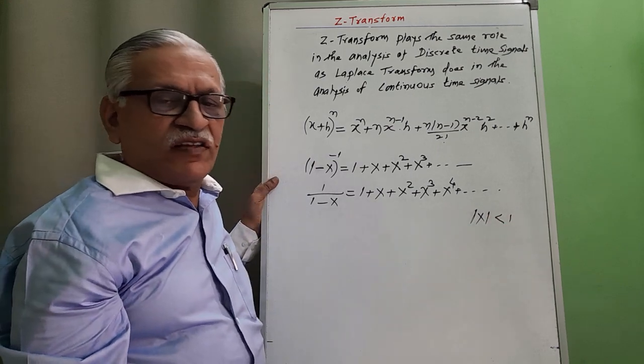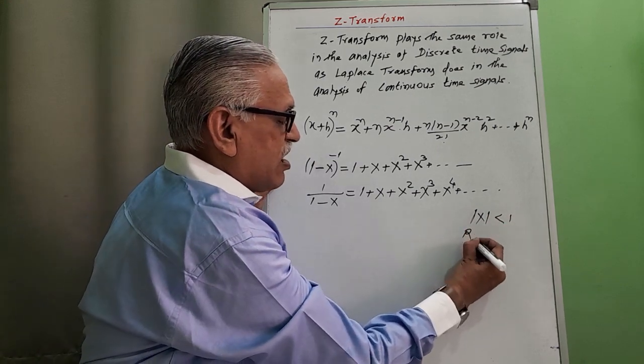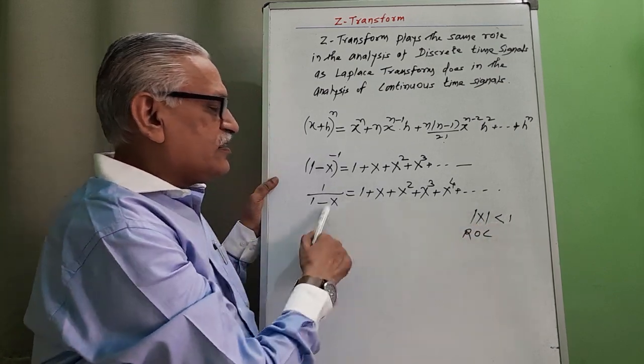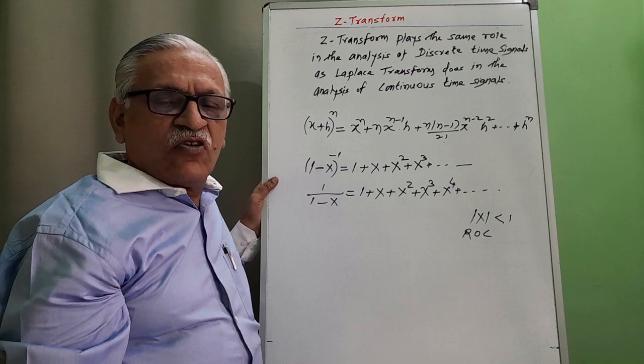This is called the region of convergence, ROC. Over this region only the series is valid or converges.